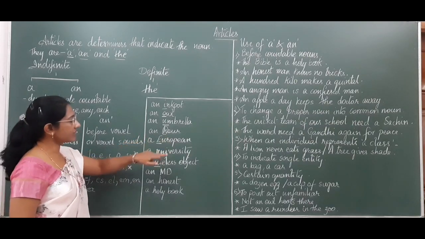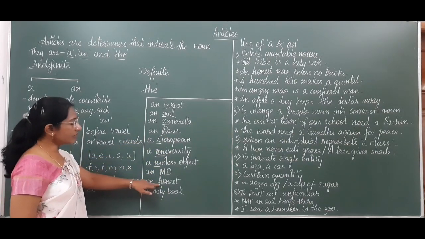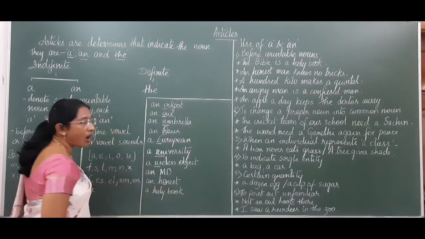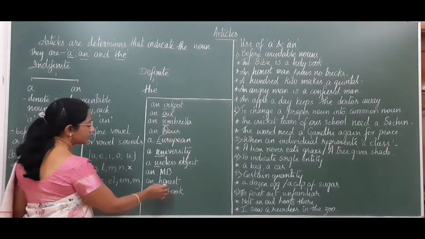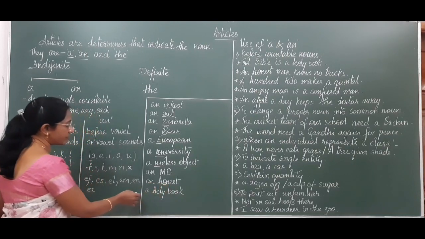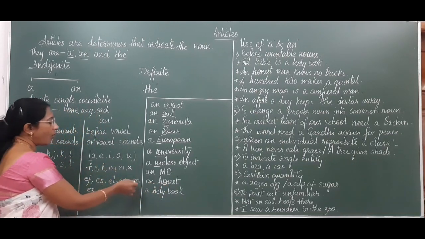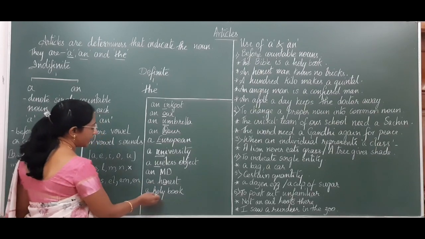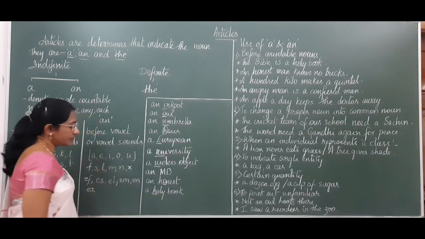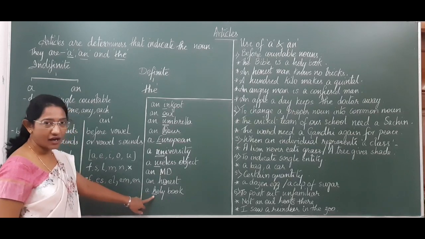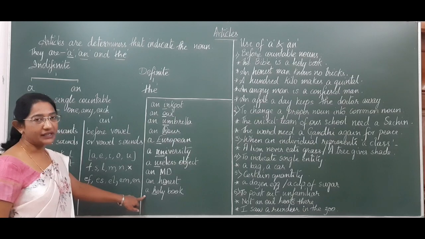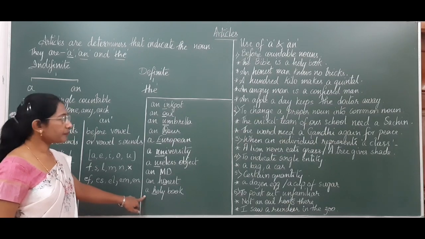So H is silent. So also with honest, it begins with a vowel sound, produced by the vowel O. So it carries an. Whereas H in hat is producing the h sound, which is a consonant sound, and it carries indefinite article A.